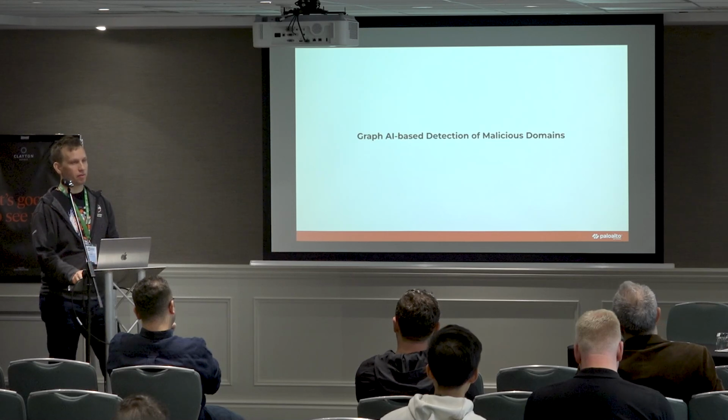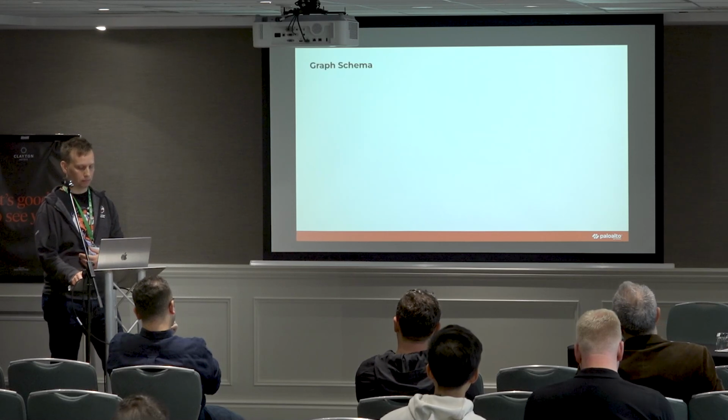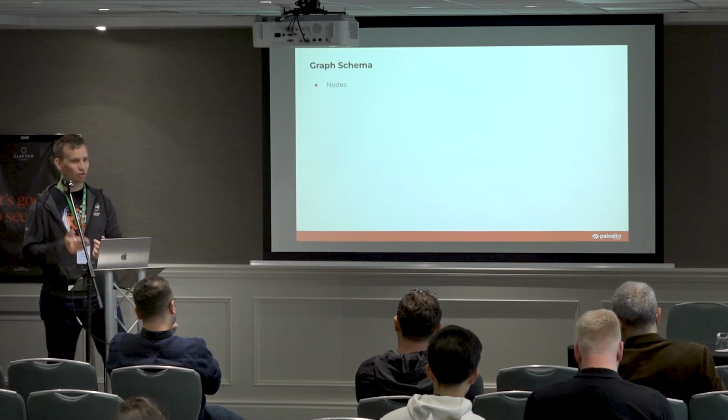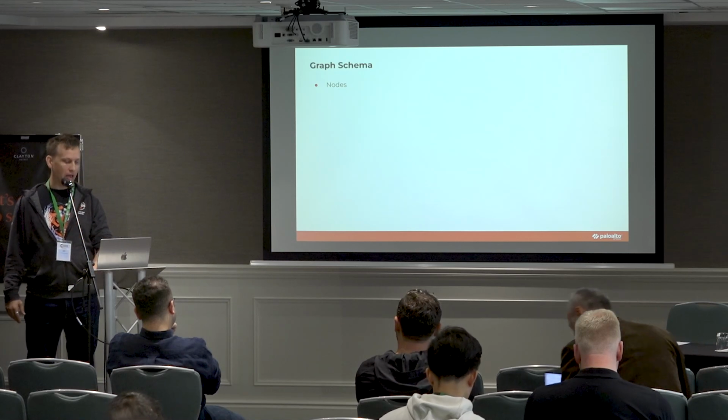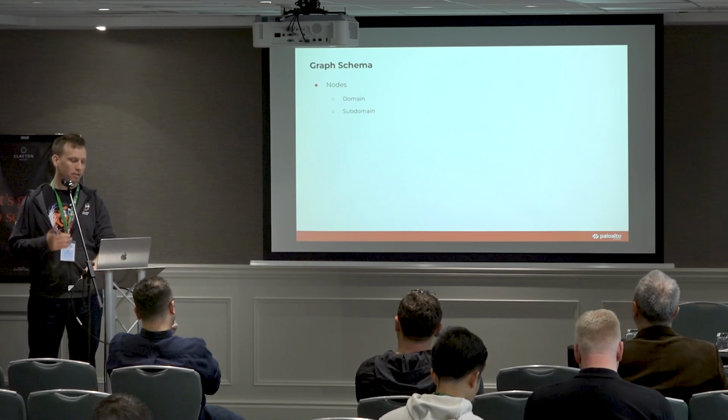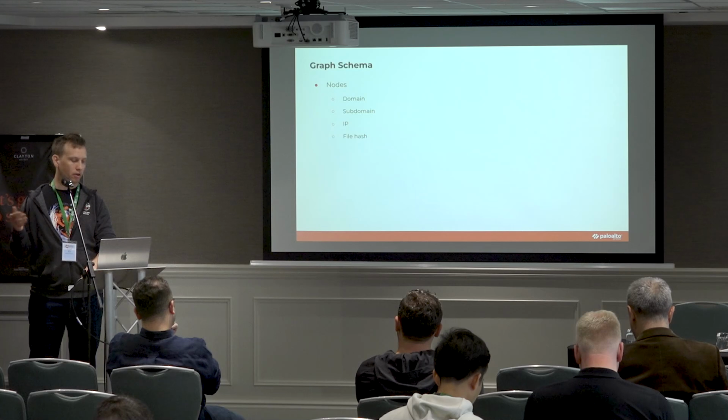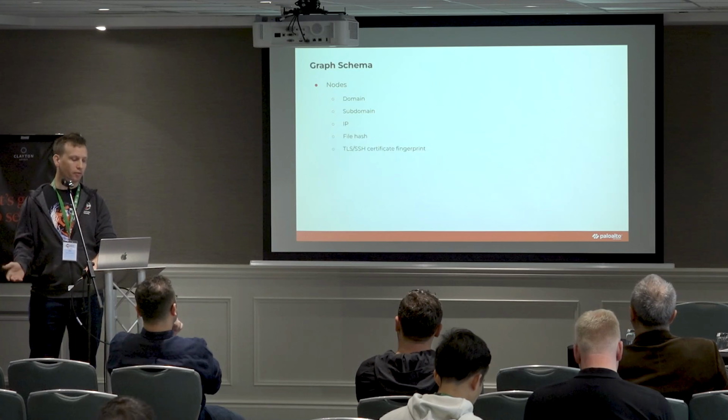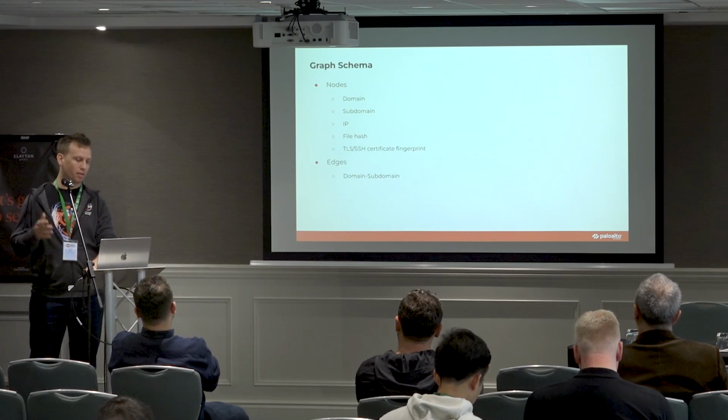So how the graph AI-based part works, just as an introduction. We can have different nodes, for example domains, their subdomains, IP addresses, file hashes, certificate fingerprints. Edges can be anything.